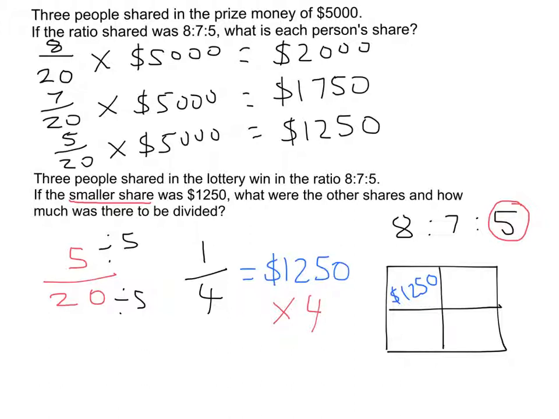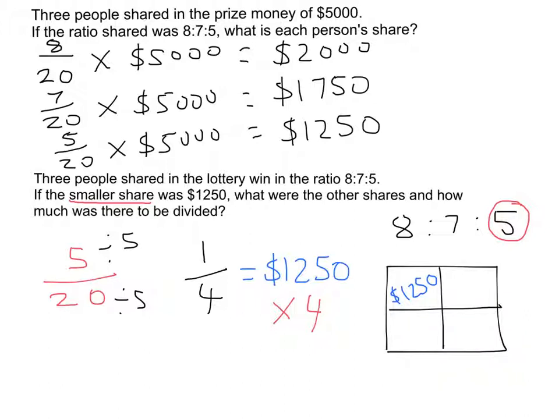Why? Because if you can see here, this one here that I'm highlighting now, this represents 1/4, 1250, 1/4. So this is the 1 representing all of the parts here. So if 1/4 is 1250, then now we can work out the total prize money.